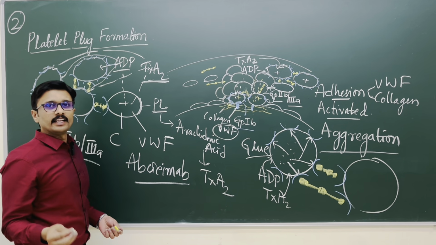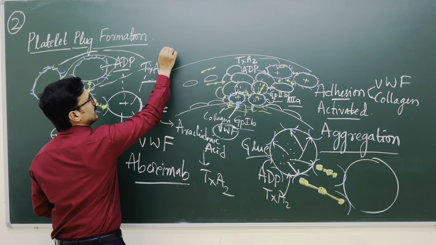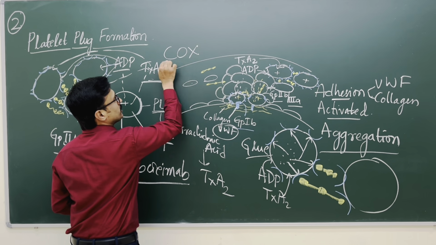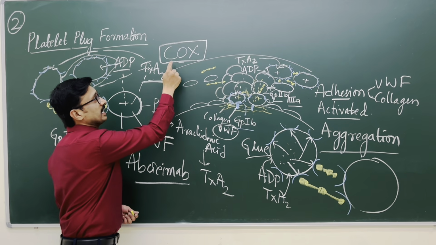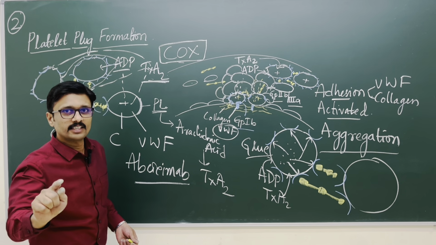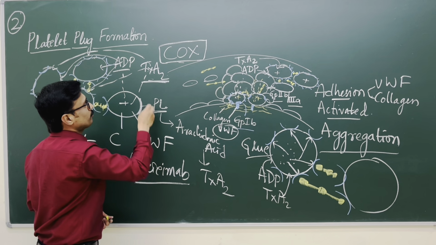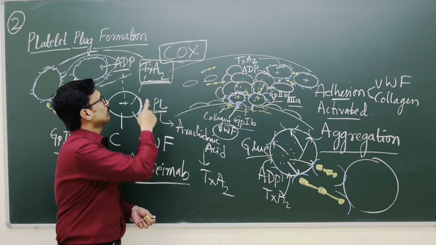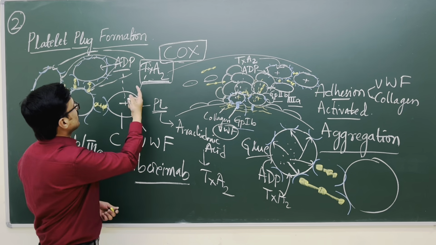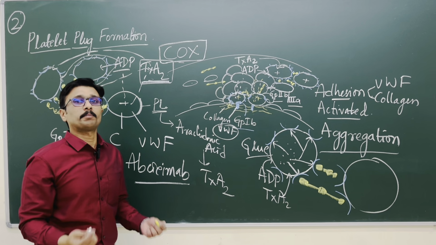One of the enzymes required for formation of thromboxane A2 is the cyclooxygenase, COX. So any drug that can inhibit the cyclooxygenase will decrease the production of thromboxane A2, and if there is deficiency of thromboxane A2, the platelet activation and aggregation is suppressed.